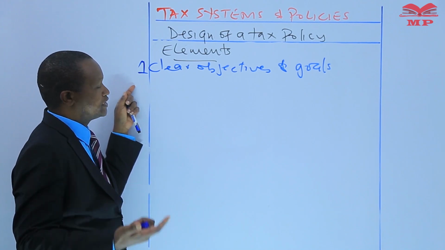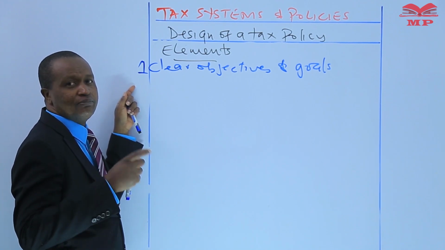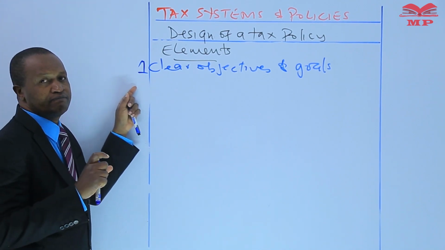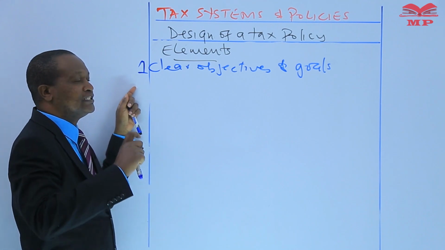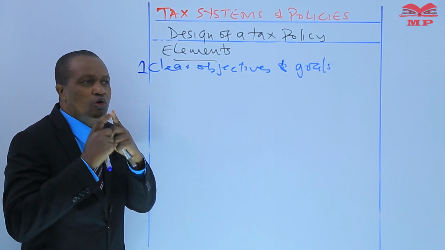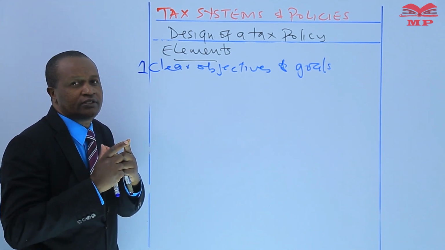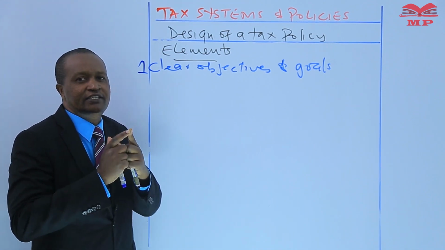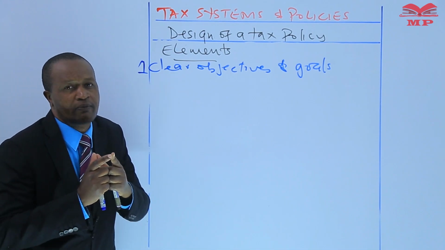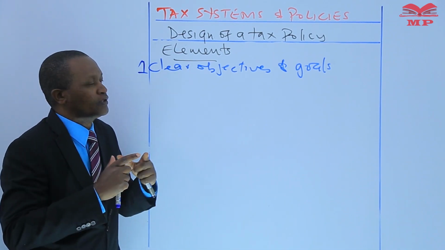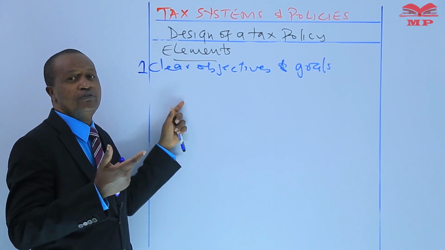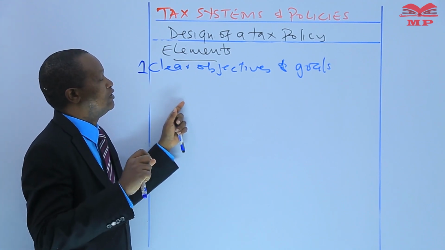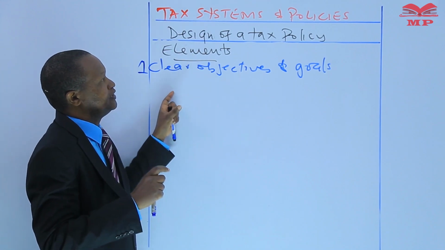The objectives and goals must be clearly defined. The government has to define the specific goals in order to come up with an effective tax policy.